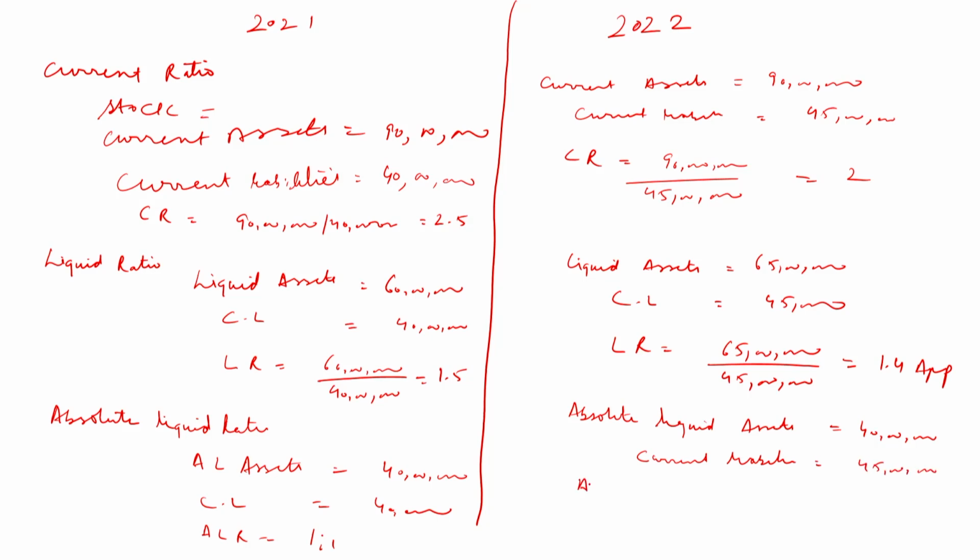So the absolute liquidity ratio is 40 lakhs divided by 45 lakhs, which is 0.88 approximately. In the whole question, after comparing the year 2021 with 2022, we can easily make out that the current ratio, liquid ratio and absolute liquid ratio of 2021 are more than those of the year 2022.